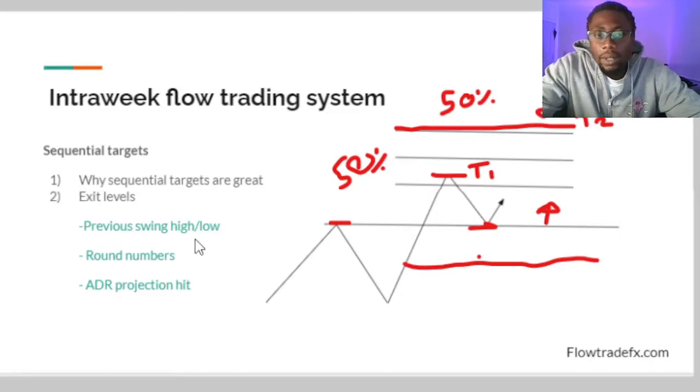We went through that. We talked about how you would close 50% of your trade at previous swing highs. Round numbers, you would close anywhere from 15 to 25%, and then ADRs, if it is in conjunction with just one other level, such as a swing high, you're going to be closing out 50%. If you're in a situation where you have round numbers and a previous swing high, you would treat this exactly like a round number and close out a portion of your trade at this level.